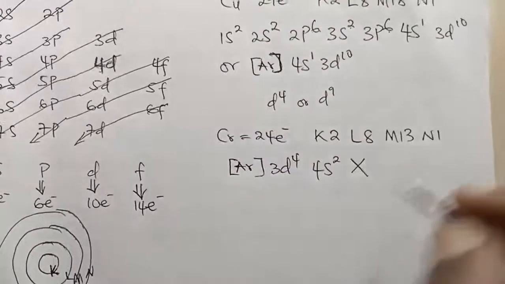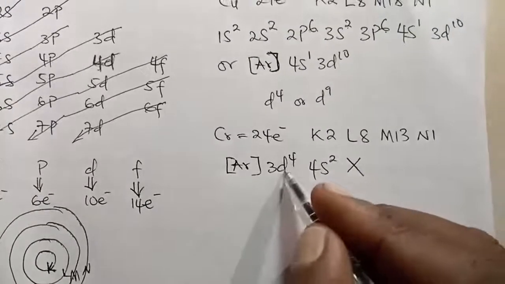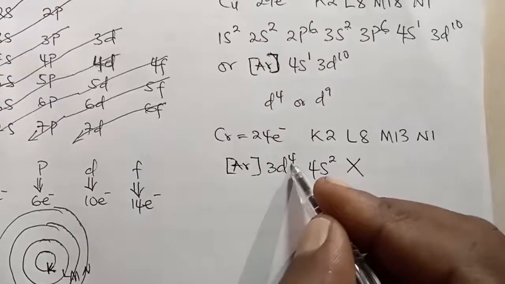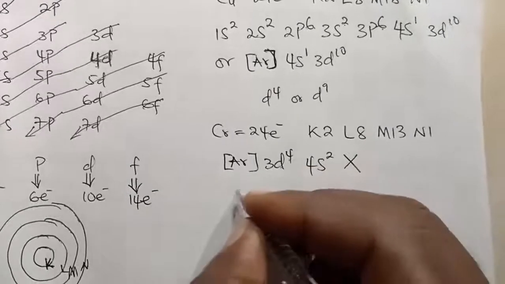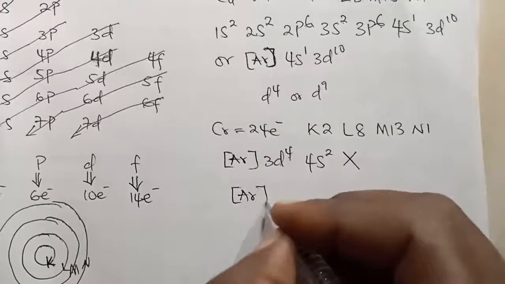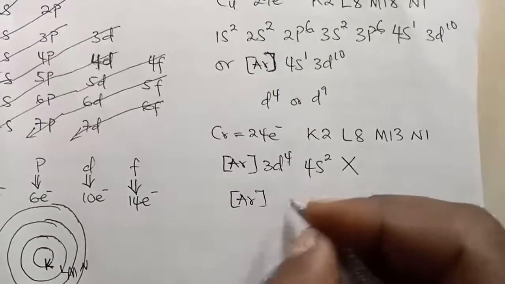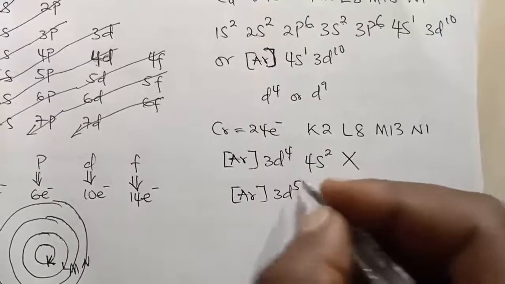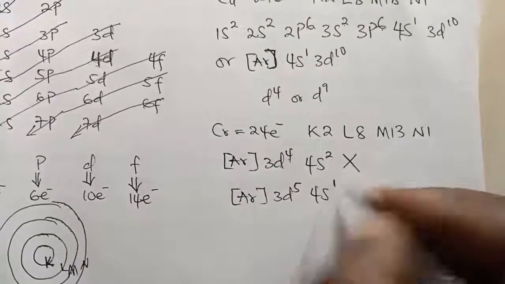This is wrong, because there is nothing like d4. So chromium takes this form: Ar, argon 18, already gone. So 3d5, and then 4s, you give it 1.